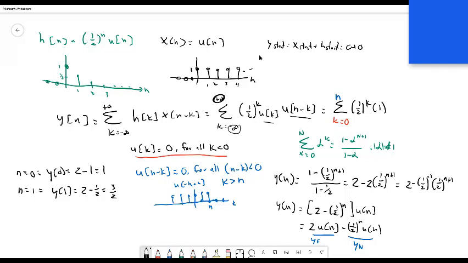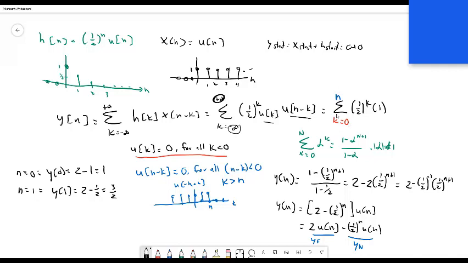Okay. So this method works best, most easily, if you have two causal signals that start right at n equals 0. Then you'll tend to have these kind of summations starting at 0 and going to n, because the causal signal that you flip and shift is going to put the n upper bound. The fact that they're both causal will give you a starting position at k equals 0.